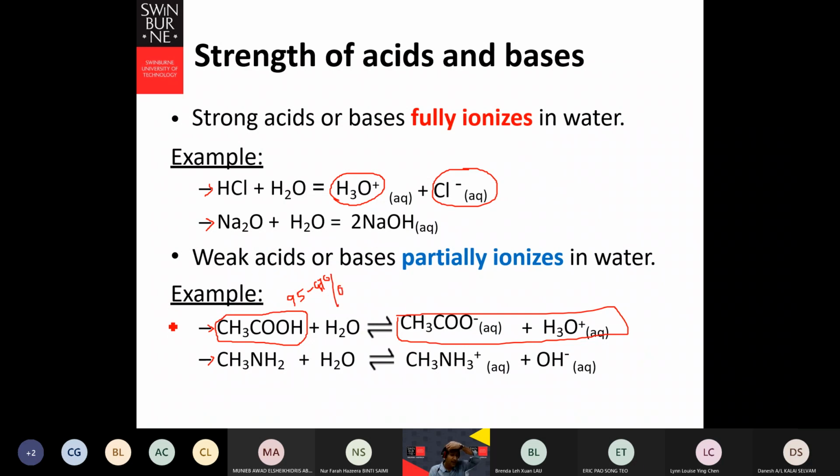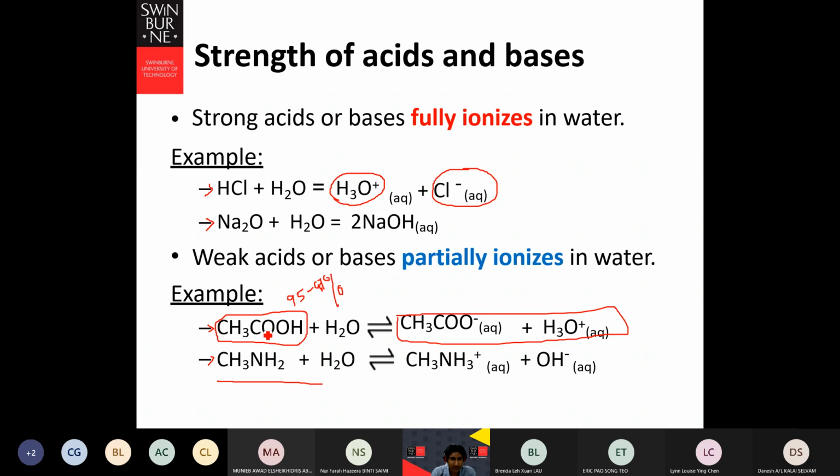It will be CH3COOH altogether. The carbon is holding 3 hydrogen here, another 2 oxygen there, and 1 hydrogen on my head, something like that. I'm just making it for some fun, but yeah, all of them are staying like a family. Only a small bit of it will dissociate. So that is a weak acid.